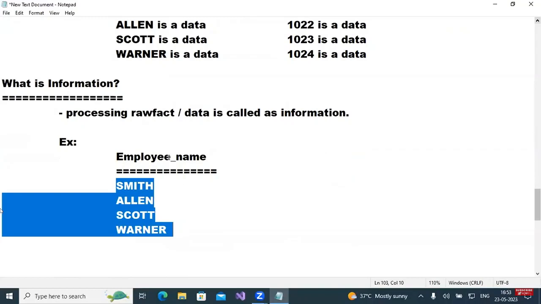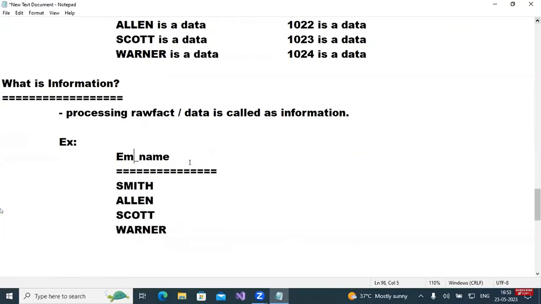Suppose I want to change it here. Now tell me, who are these? Customers. That means some meaning now. So this meaningful data is called information. When the data can be understood and predicted by the user, that kind of data is called information.